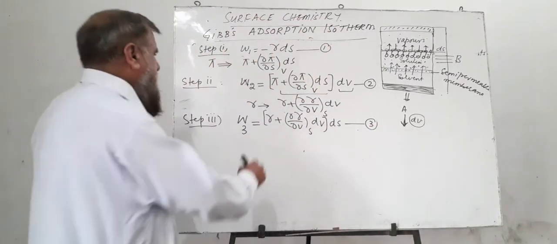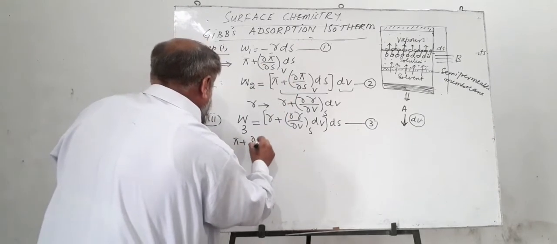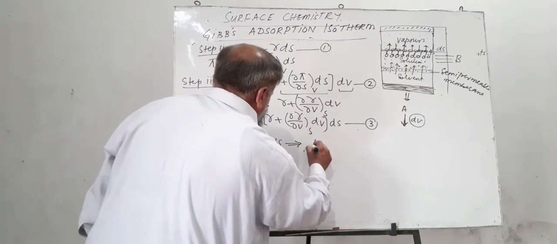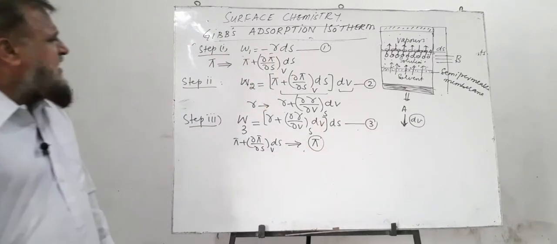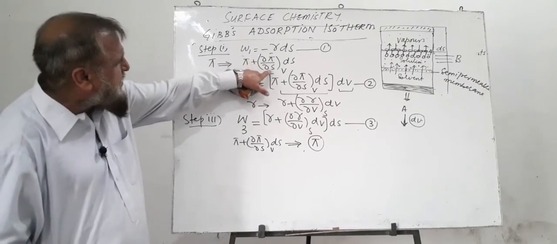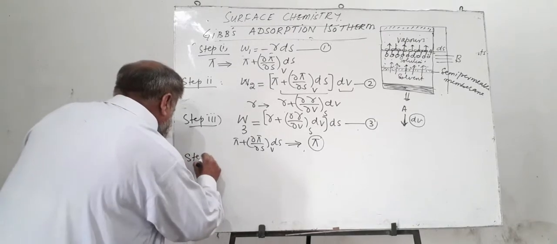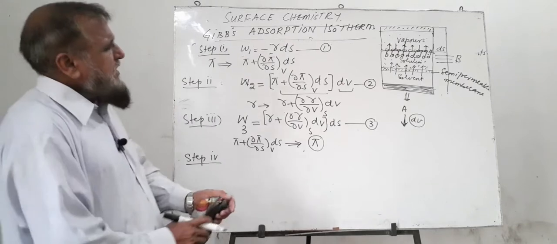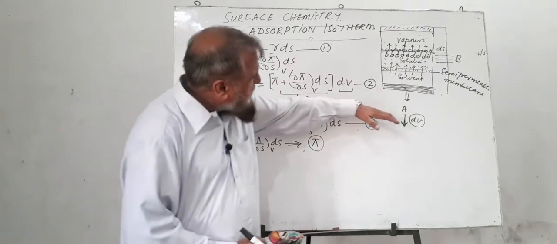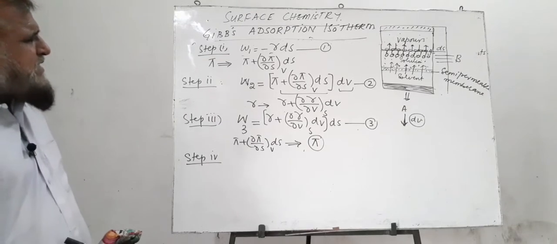Now during the reverse step, the osmotic pressure, which was initially π + (∂π/∂S_V) dS, comes back to the original value π. In step 4, the last step, we bring the piston A back to its original position and decrease the volume by a small element dV.